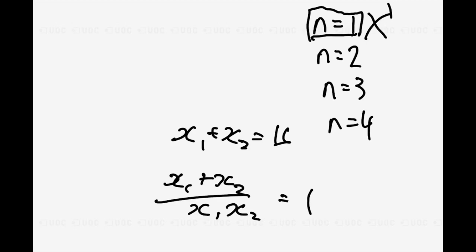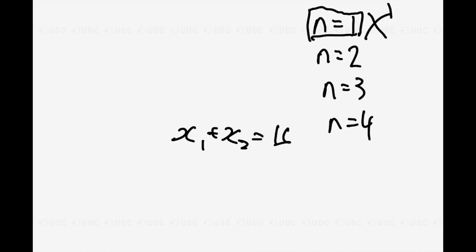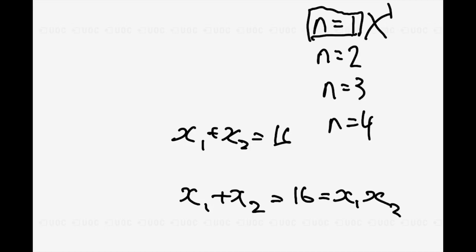So multiplying by x1 x2, we get x1 plus x2 equals 16 equals x1 x2. Now if you check the factors of 16, you'll find that this equation has no integer solutions. So n equals 2, out.